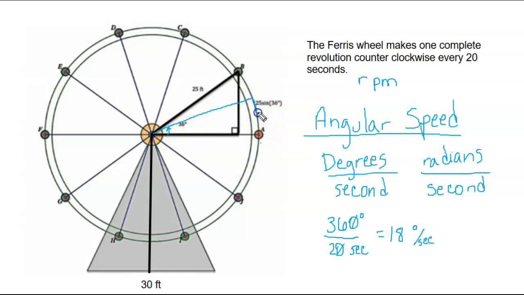When we talk about angular speeds, there's also a matching linear speed. Linear speed is something that we're used to. Linear speed is a distance over a time.